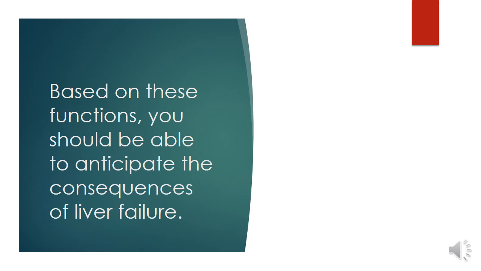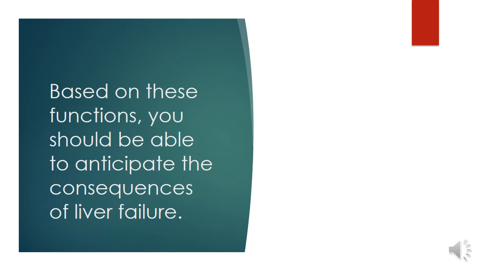So I think we've covered enough for today, but what I want you to focus on in going over this is to consider knowing these functions of the liver. You should be able to then better anticipate the consequences of liver failure. What are the consequences when the liver fails? What are the consequences of bile acid production, protein production, glucose metabolism, and glucose buffering?